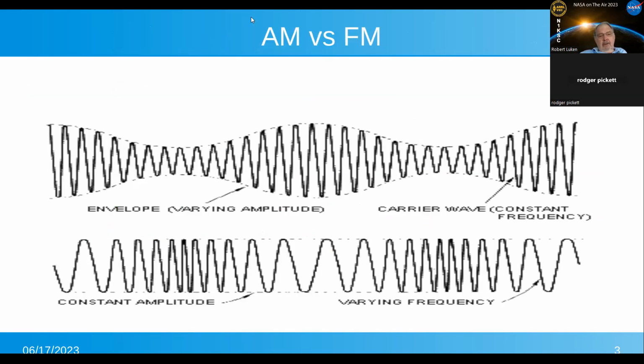Here's a picture comparing an amplitude modulated carrier and a frequency modulated carrier. You can see how the frequency changes. In this case, the frequency goes higher as the amplitude of the modulating signal goes lower.